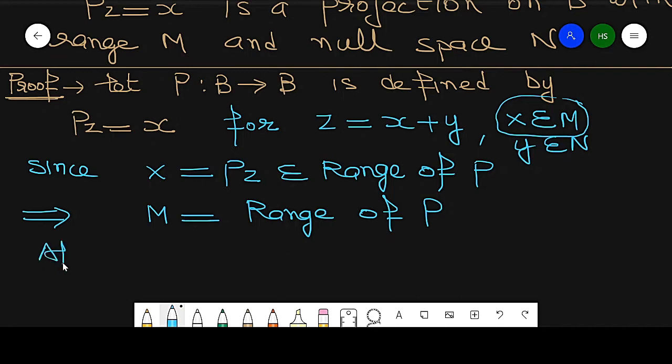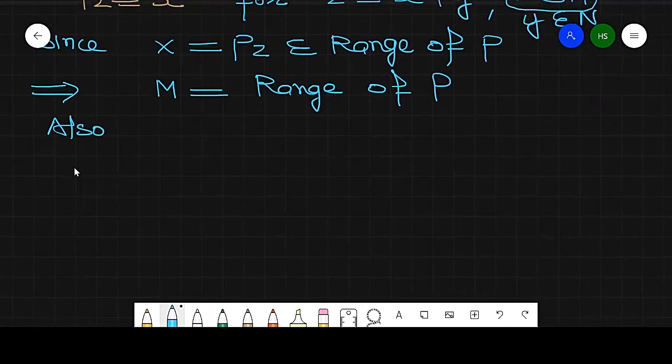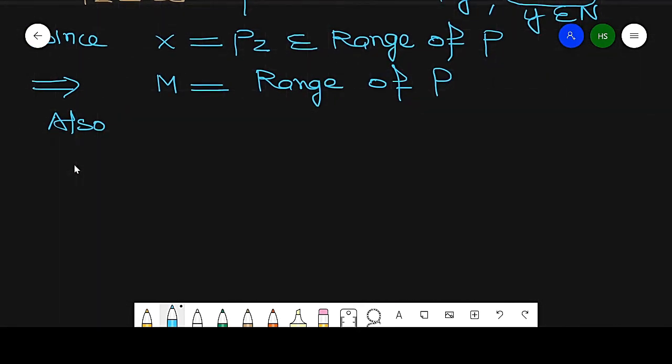Also P of Y is equal to 0. Why is P of Y 0?